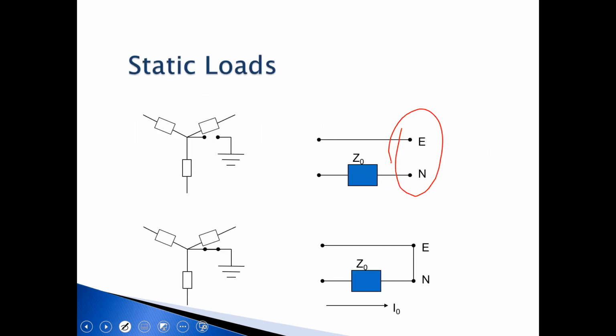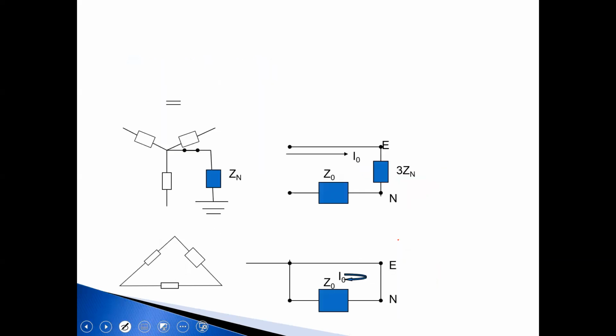So that point is open. If it's a solidly grounded star, then that's closed because we now have the zero sequence current able to flow. If we then have it through an impedance, again, we have the 3Zn. And for delta, you have a circulating zero sequence.